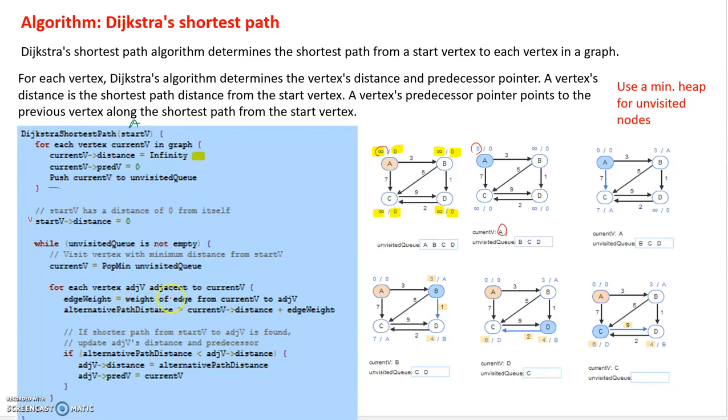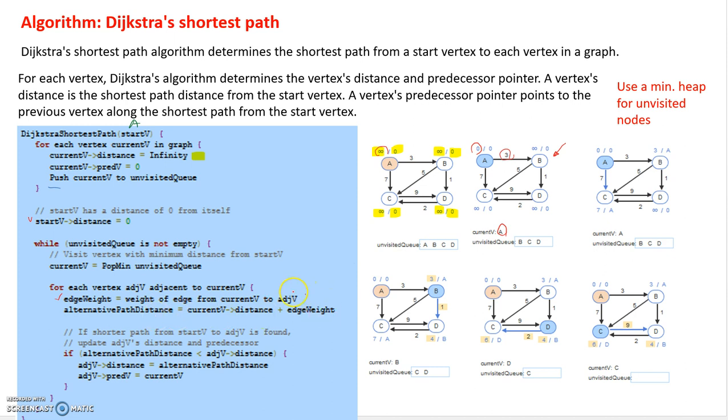For each vertex adjacent to A, what are the vertices adjacent to A? It is B and C. So what are we going to do with those adjacent vertices? You're going to introduce this variable edge weight, which is the weight of the edge from current V, from A to this adjacent node. Let's start with adjacent node B. In this case, edge weight will be 3.